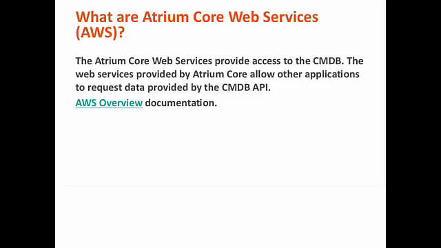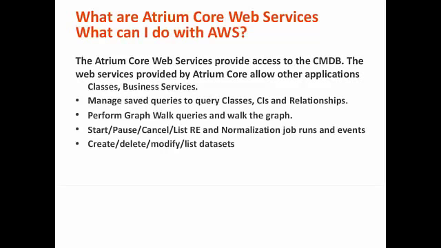It's just the BMC core forms and all the API services that are there for the CMDB. I've referenced the AWS overview documentation. It's also in the references at the end of this presentation, and there's a KA with that stuff in it as well. And you can see all the different web services that are used there.